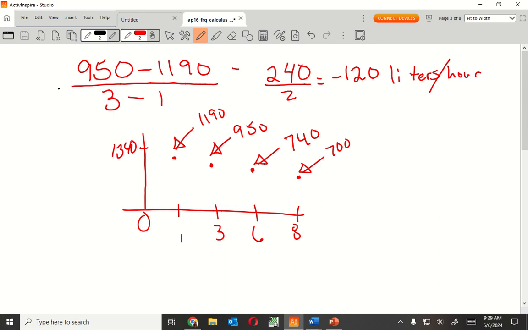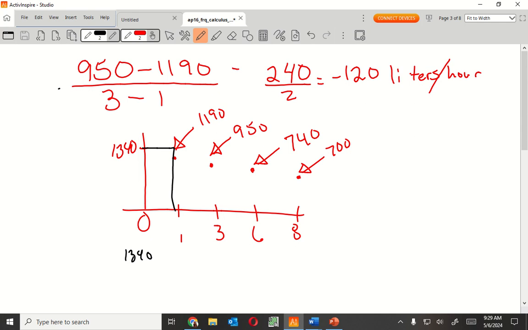So this is a left hand. In Riemann sum, I make little rectangles. So I'm going to start here. The height of this one is going to be 1340. What's the width of this rectangle?